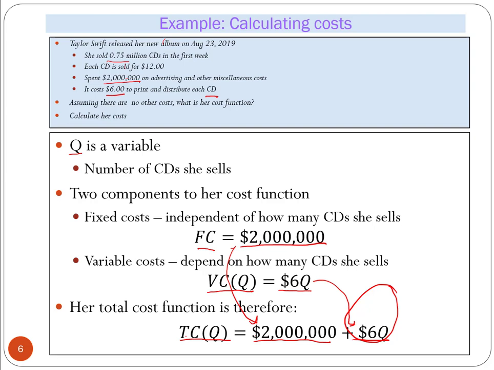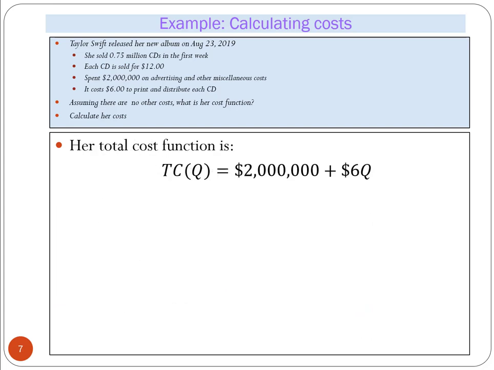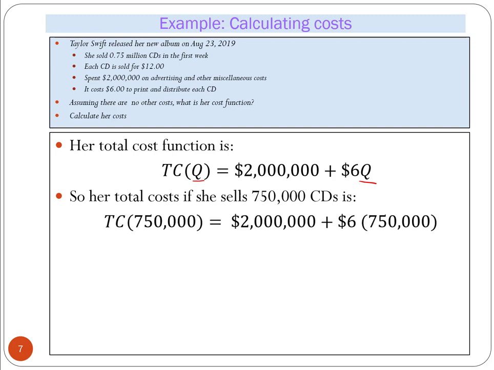Okay, so that's her total cost function, and now we want to calculate what her costs were at 0.75 million CDs. So 750,000 is 0.75 million. Okay, so we want to substitute the number 750,000 in wherever we see a Q. So total cost if she sells 750,000 CDs is going to be total costs evaluated at Q equal to 750,000, which is equal to 2 million plus 6 times, and we substitute in 750,000 for the number of CDs she sells.